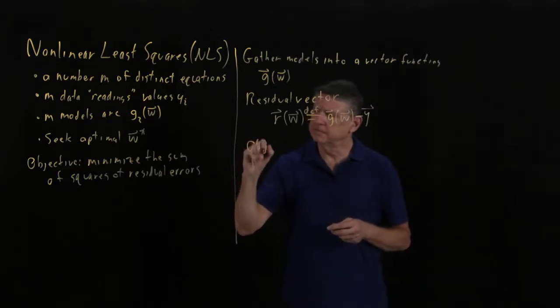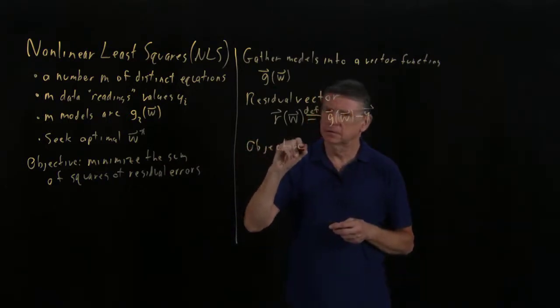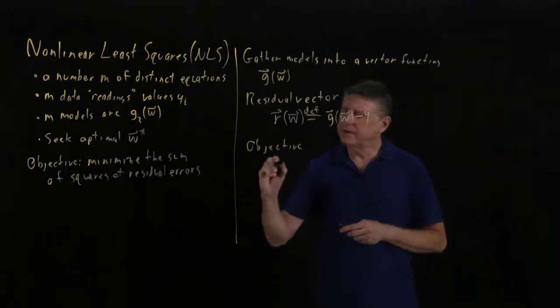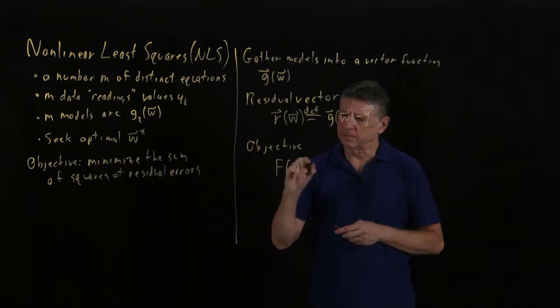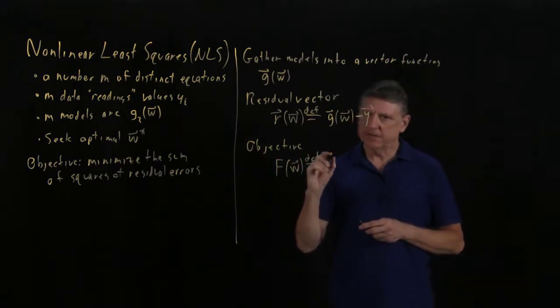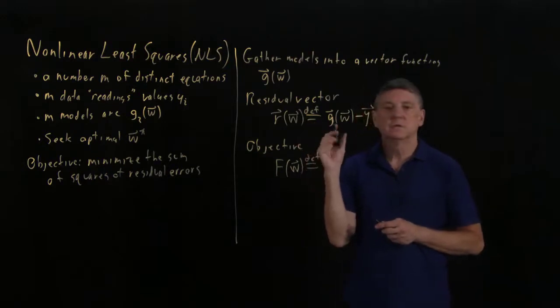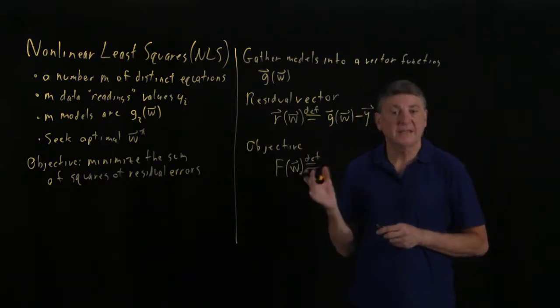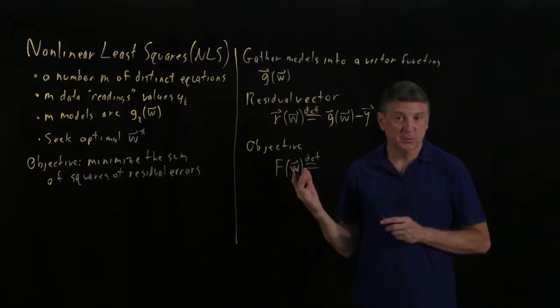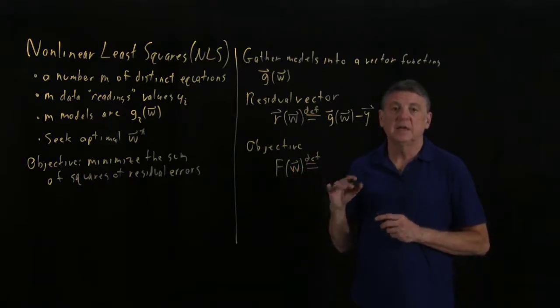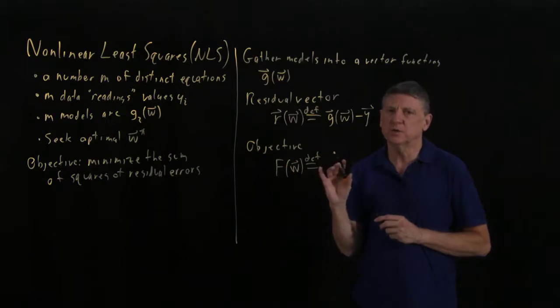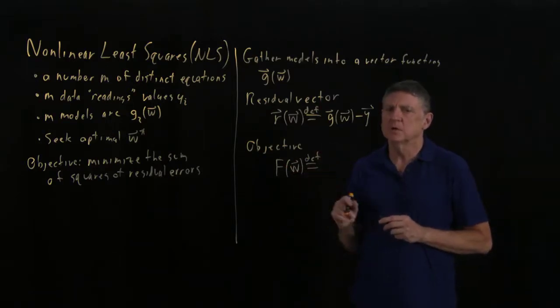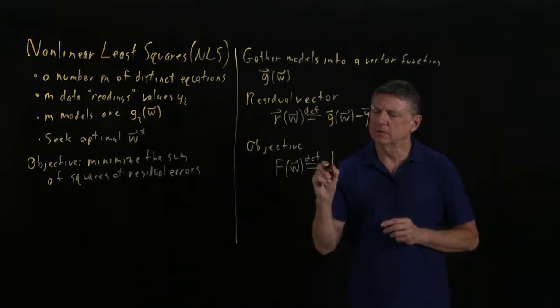So our objective for this we will write as capital F of w, and we will define this as being the sum of squares. Now, we're anticipating that a differentiation is going to be involved, and it's quite common when we anticipate a differentiation that we'll put a term of 1/2 in there so that certain things simply fall out nicely.